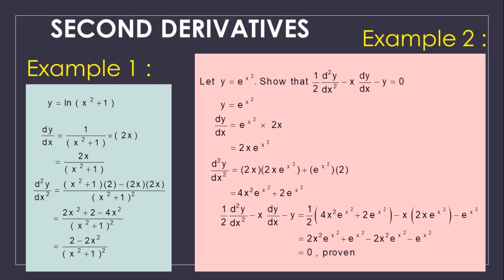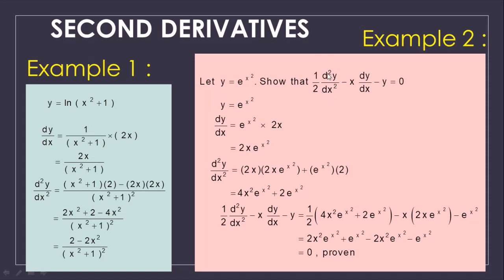So number 1, we differentiate the exponential. Number 2, we differentiate x squared. Differentiate the exponential, we get e to the power x squared. Differentiate x squared, we get 2x. Combine the answer, we get 2x e to the power x squared.